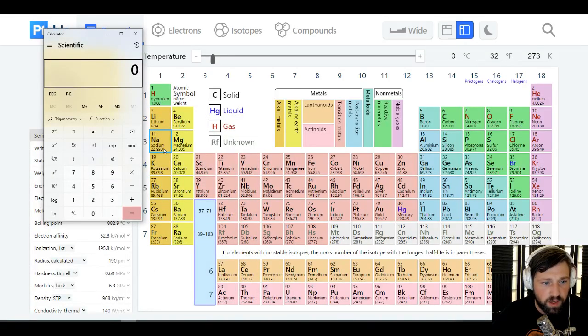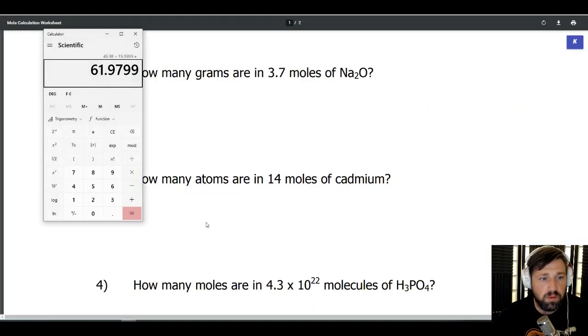Sodium, it's right here. So it's going to be 22.990, and we're going to do this by 2 because there's 2 sodiums in sodium oxide. And then we're also going to be adding in oxygen, 15.9999, and that is going to be 61.9799.